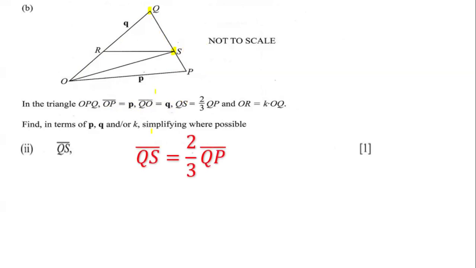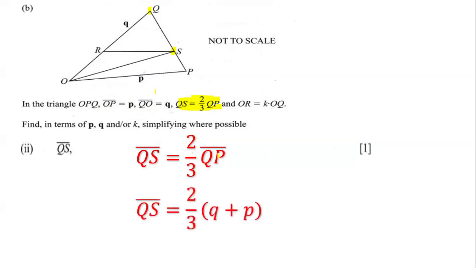What did they tell us about QS? They tell us explicitly that QS is equal to 2/3 of QP, so 2 over 3 multiplied by QP. But we know what QP is.